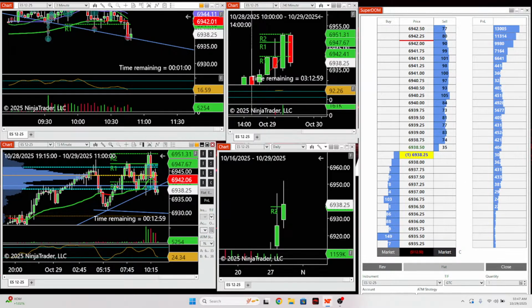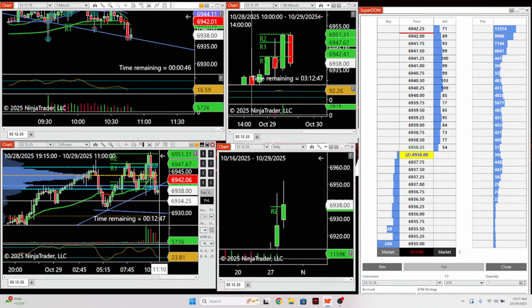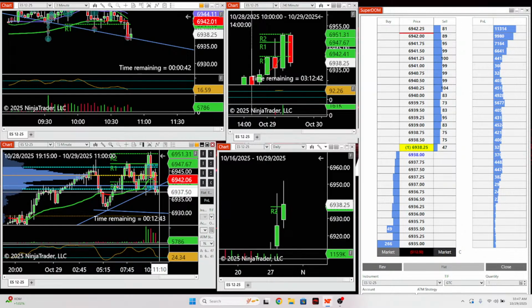So if we break 36, if we break this low of 36 and a quarter, not saying we will, we might see overnight lows. We have to break this 36.25.